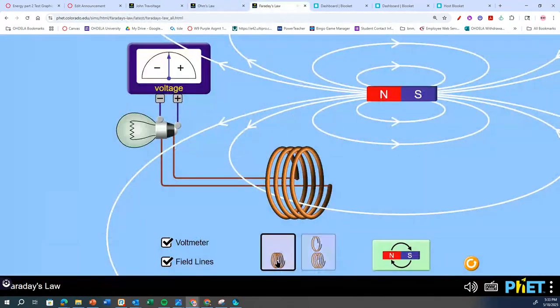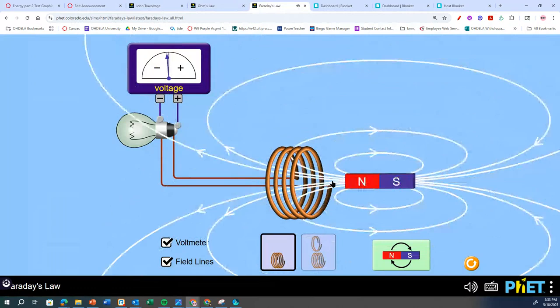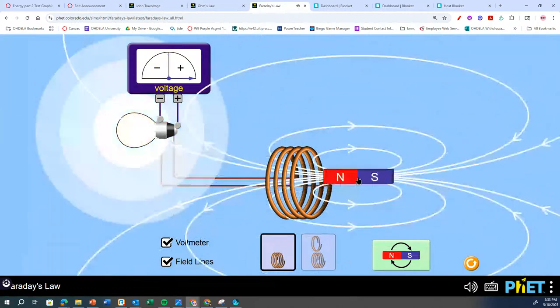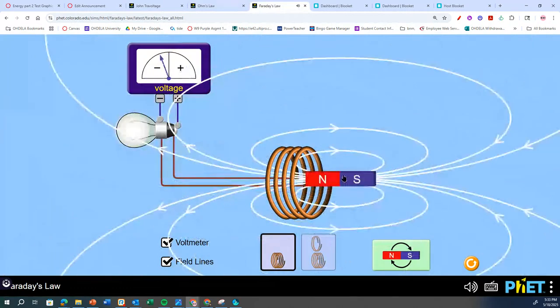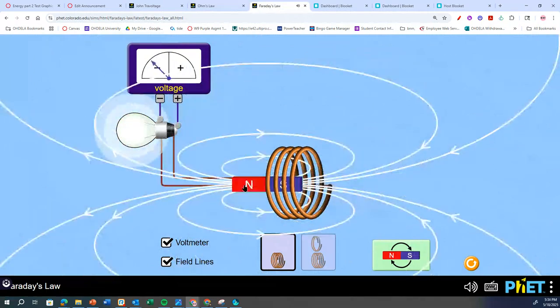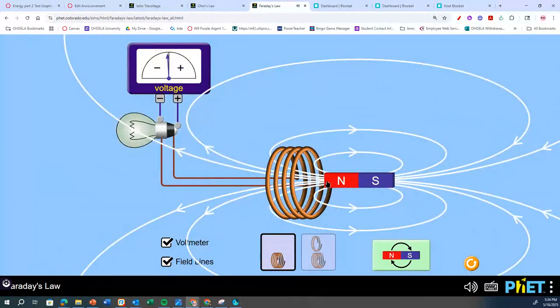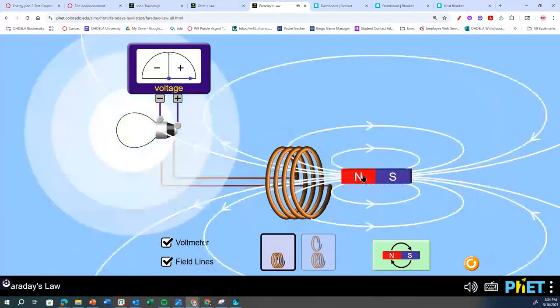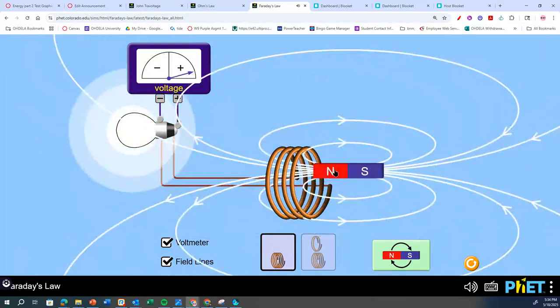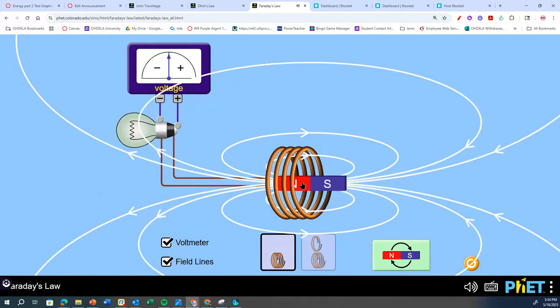You can experiment with this. Here is moving a magnet through a coil of wire. By moving it, this is induction. We get electrical current and we can light up light bulbs. That's how generators work: a moving magnetic field through a wire.